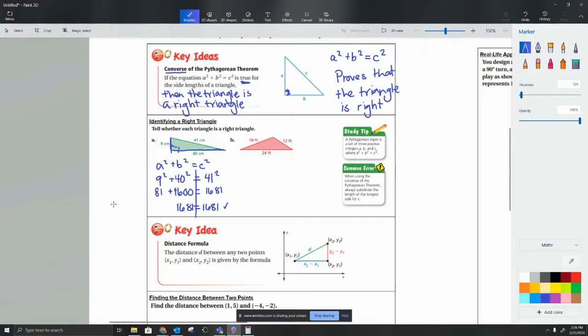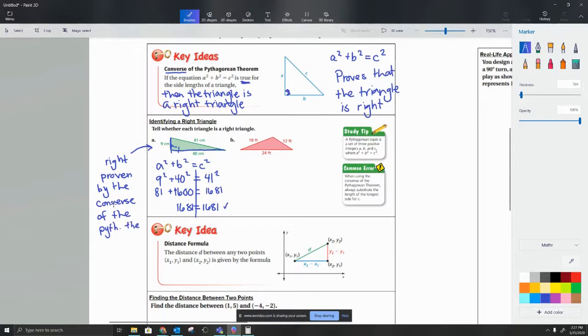Okay, so this triangle right here would be a right triangle proven by the converse of the Pythagorean theorem, and we'll just abbreviate that, theorem.